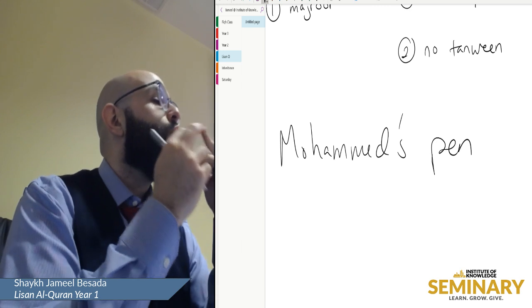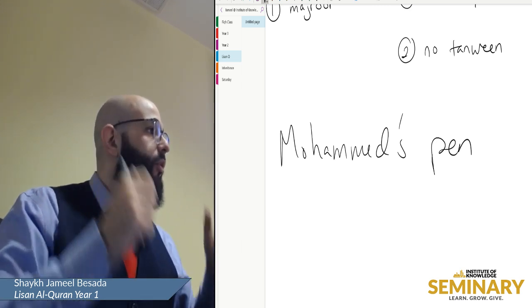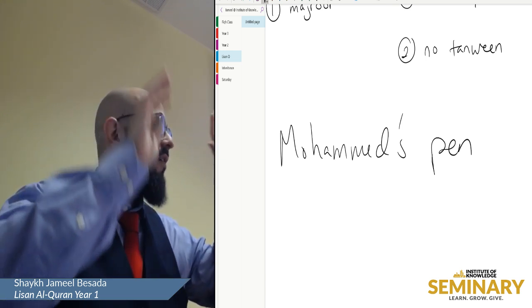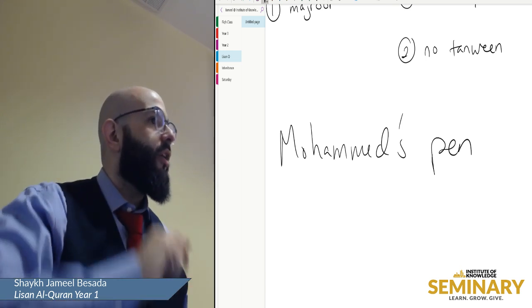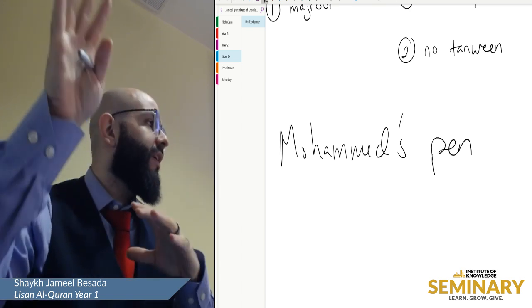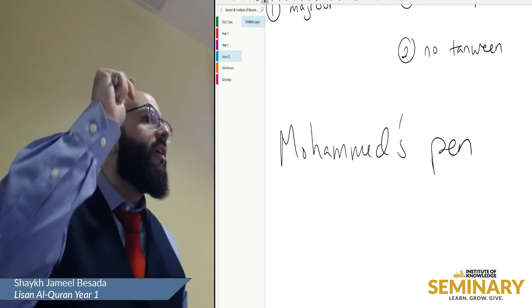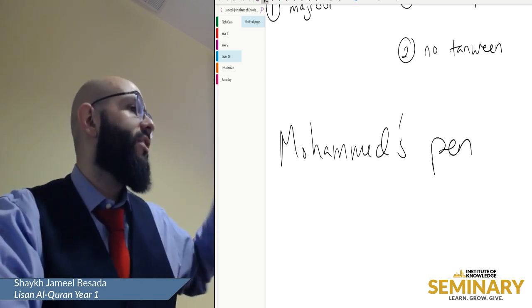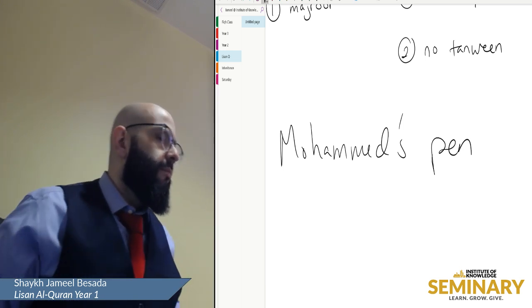And you need to figure out who is possessing the item, again, which should be easy. Then you're just going to plug it in place and follow the rules. Okay? Make sure that whatever the mudaf is, if it's pen or Muhammad, that it doesn't have alif lam, that it doesn't have tanween, and that the owner is in a state of jar. That's it.